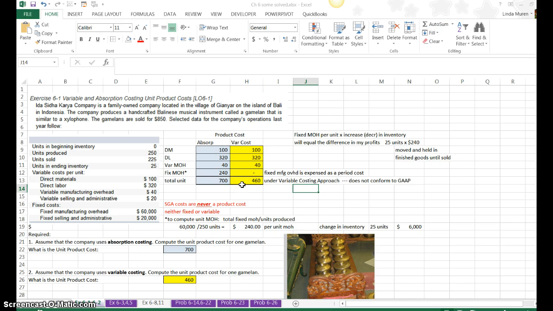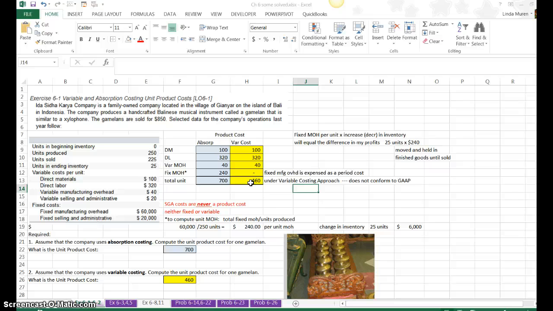These costs represent how the cost would flow through the balance sheet. A finished unit under absorption costing, generally accepted accounting principles, is on the balance sheet at $700 and stays there until it is sold. Once it's sold, it moves to cost of goods sold. Under variable costing, for internal management purposes, we only put the 460 on the books and move it to the income statement to measure our profit when we sell it.